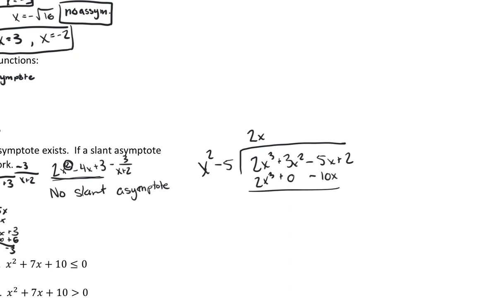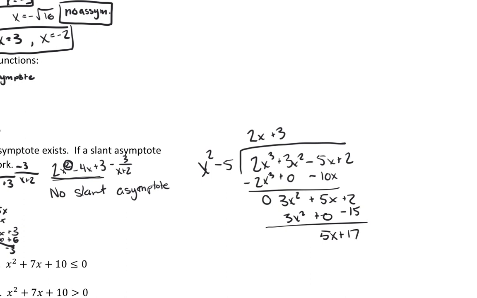We get that. That goes to 0. That goes to 3x squared plus 5x, and then we bring down the 2, and that will be plus 3. So 3x squared plus 0 minus 15, and that will leave us with 5x plus 17.